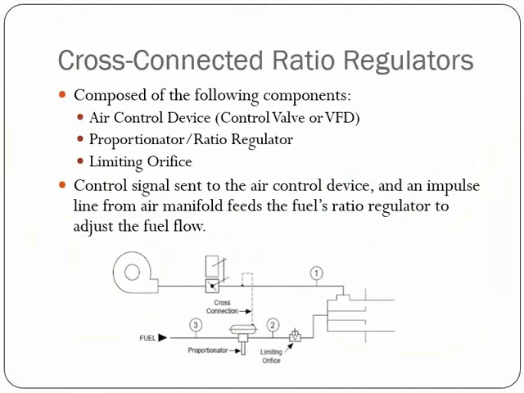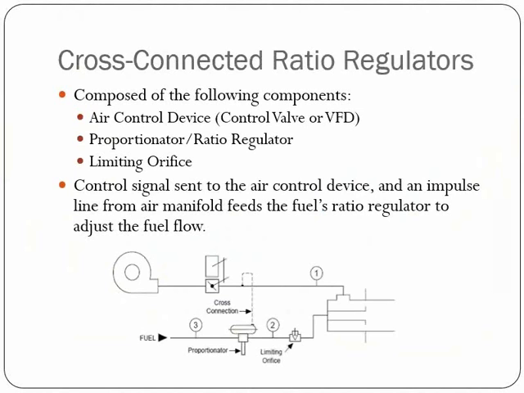This can be done with a control valve, like an air butterfly valve, or an air damper with a control motor that would throttle your air up and down. We also then have, on the fuel line, our Proportionator or Ratio Regulator, as well as the limiting orifice. So in this scenario, the control signal is sent to that air control device.